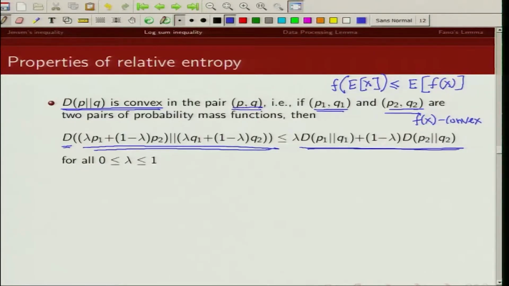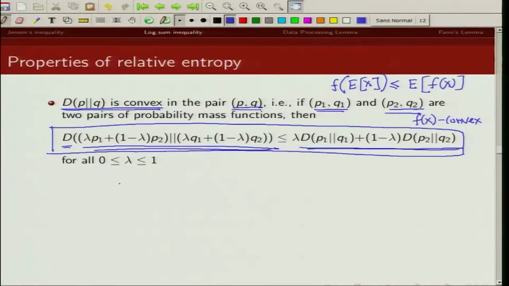We have just shown this, and it is from Jensen's inequality. So, to prove that this is a convex function, from Jensen's inequality we have to show this result where lambda lies between 0 and 1. So, let us see how we can make use of the log sum inequality to prove this result.